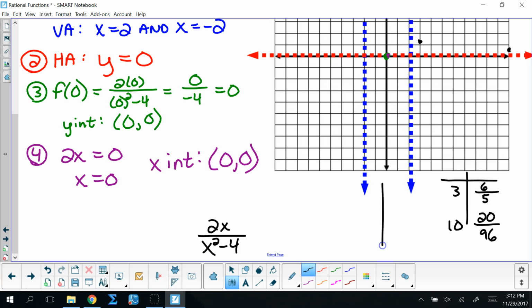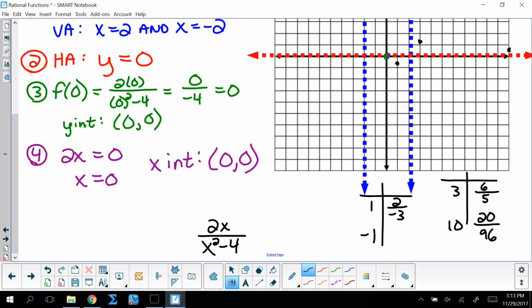Then I've got to pick points in here. So let's try positive 1. So that would be 2 over negative 3, which would be negative 2/3. Then let's try negative 1. Negative 2 over negative 3 is positive 2/3. So that's right there.